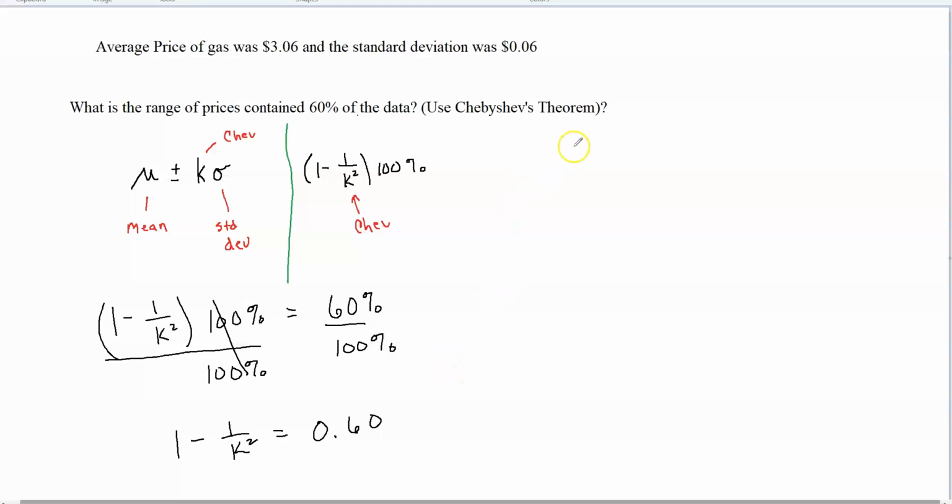Okay, and then I'm going to move up here and say same thing, 1 minus 1 over k squared equals 0.60. I can do some more algebra here. I subtract 1 from each side. I get negative 1 over k squared is equal to, I'm sorry, that should be a 0.60 up here.